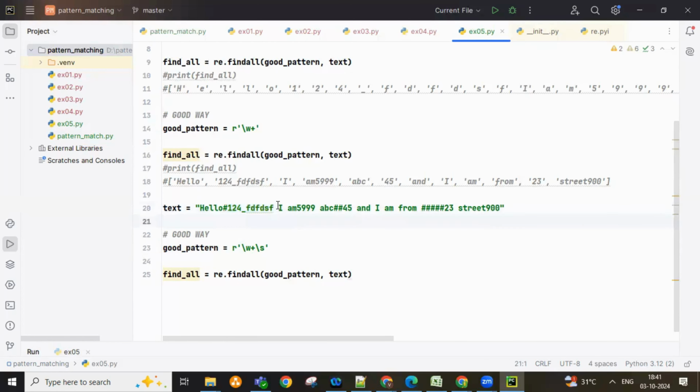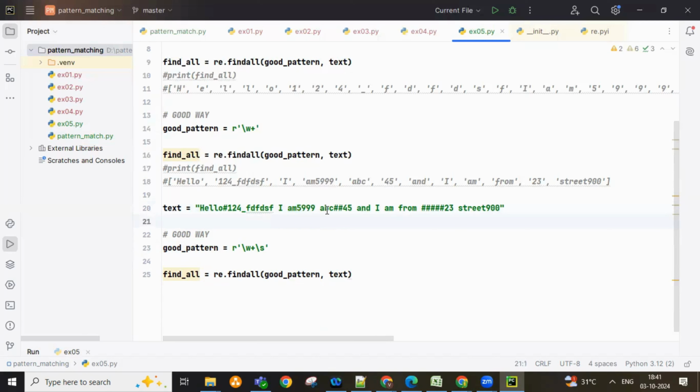And also I and space also matched. How did it match? Because slash W plus means one or more repetitions of the alphabet, the digit, and underscore. It matched with this. Also it matches slash space there. You got it? And this also matched.